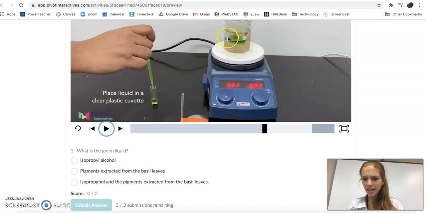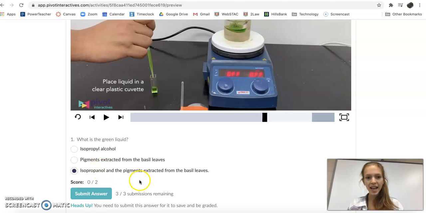He took some basil leaves and boiled water, and what's in this vial is isopropanol, a chemical that we're using to extract some of the pigment from the basil leaves. So it's a combination of this chemical and pigments from the basil leaves, which is why it's green.